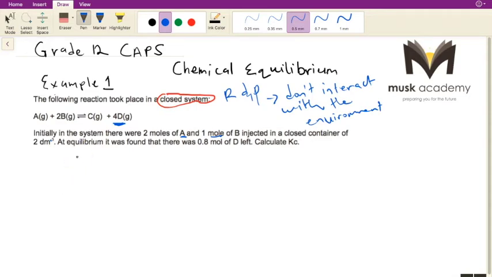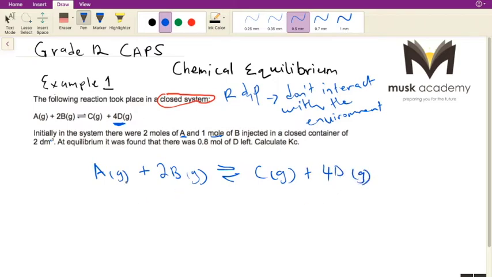And the first thing you do, in order to draw the table properly, is rewrite this reaction. There you have this plus 4D.